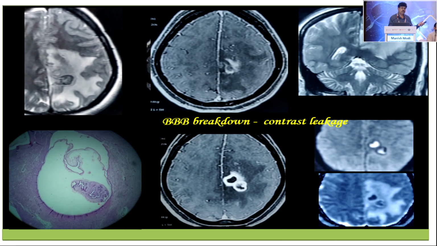I'll come back to its various features again. There is no ambiguity about the diagnosis in this case, right? Why so? We will discuss it again. But look at the contrast seepage. The T1 is hypo and T2 is hyper, and there is diffusion restriction. Why this happens, we'll come back to again.